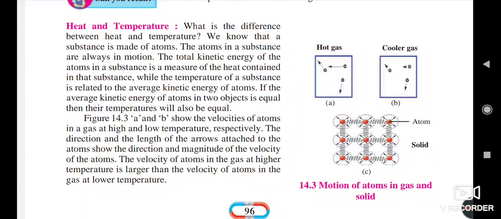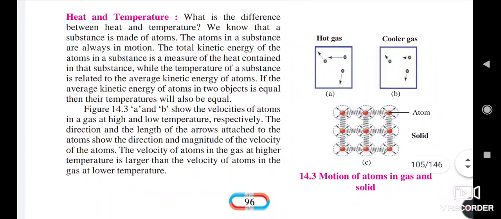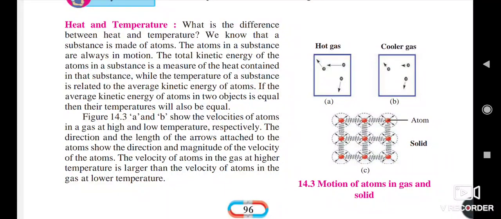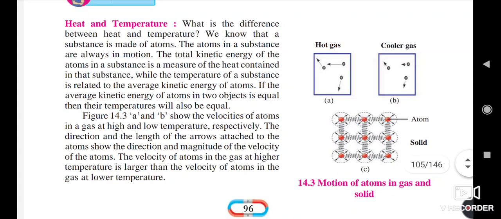The total kinetic energy of atoms in a substance is a measure of the heat contained in that substance, while the temperature of a substance is related to the average kinetic energy of atoms.